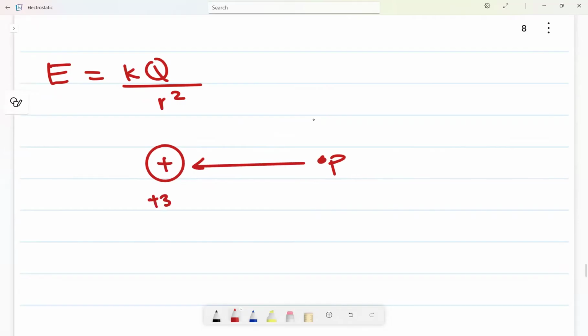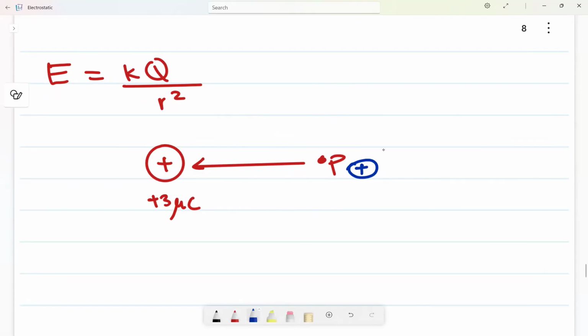Let's say this is plus 3 microcoulomb. Now let's determine the electric field at point P due to Q. I said point P is always a positive charge. Why? Because the electric field is the electrostatic force experienced per unit positive charge placed at that point. So this is always a positive charge.